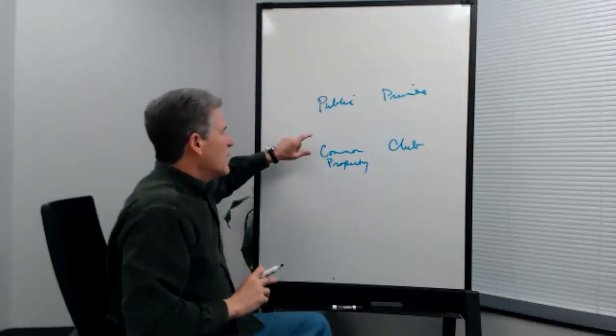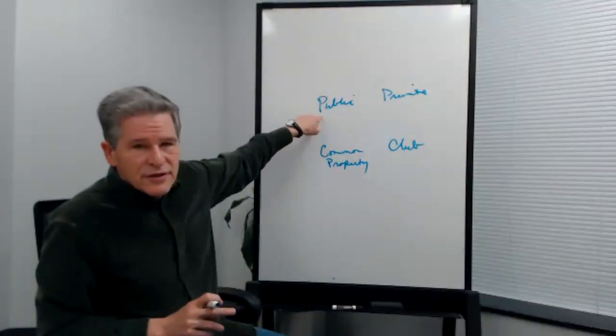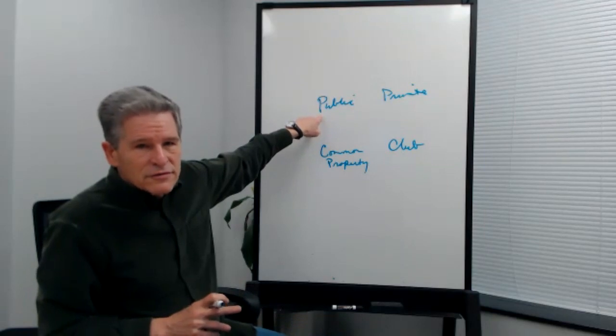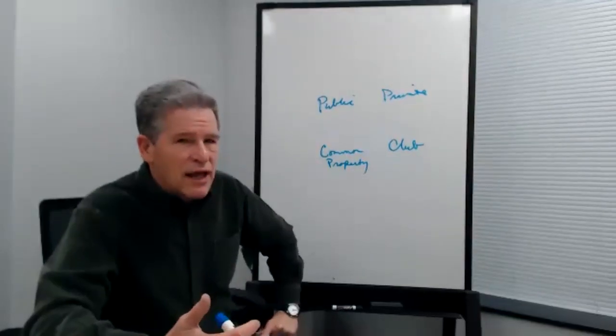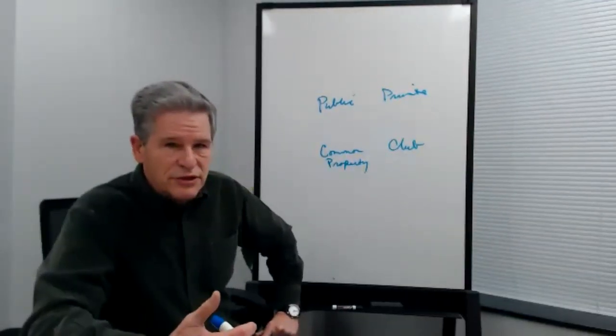So public goods are non-rival and they're non-excludable. The example I like to use about that is police protection.